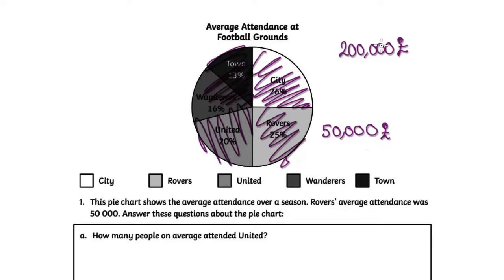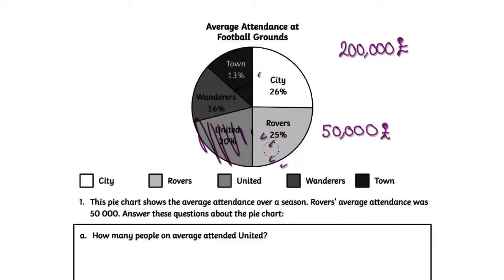The point here is that the whole pie represents 200,000 people. Okay, so let me just clean this up. So this 50,000 represents Rovers, and the whole pie represents 200,000 people.